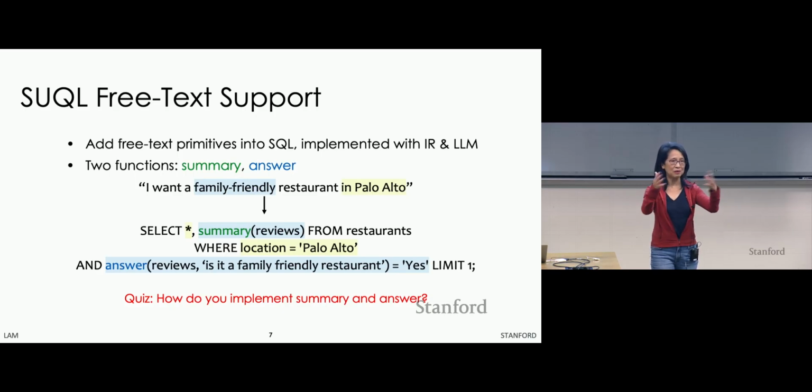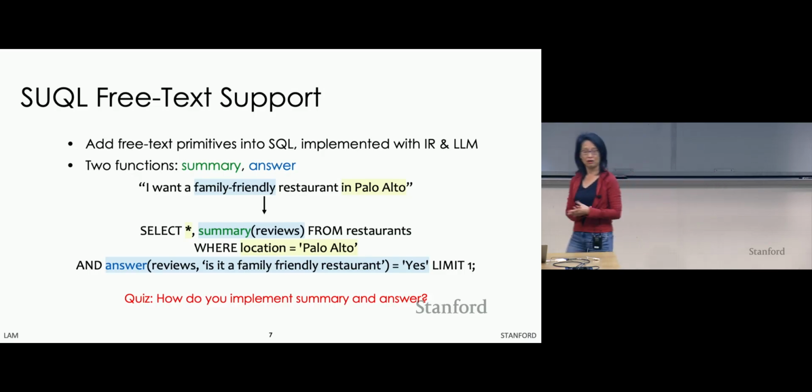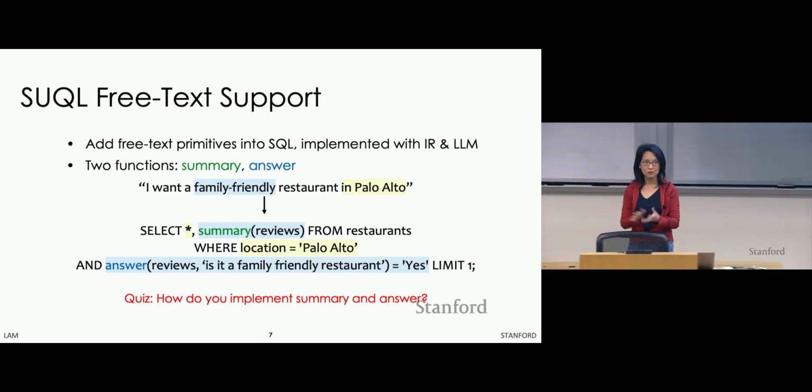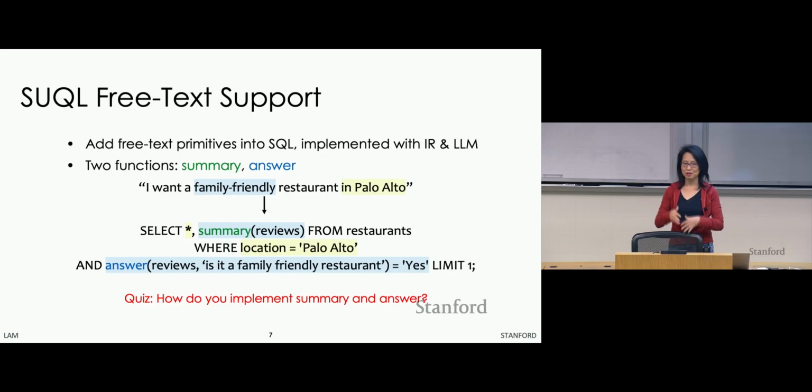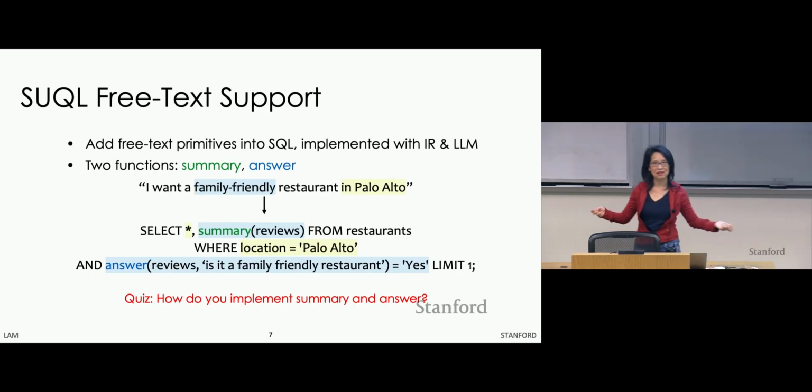That's something that you can tune for the purpose. In restaurants, people don't care that much, and you wouldn't be doing as much, and it will still be okay. But for other purposes, I want to summarize all the drug side effects, then everything has to be included. I'm not looking for limit 1. I'm not looking for a few reviews. So you can tune it with your specific domain.